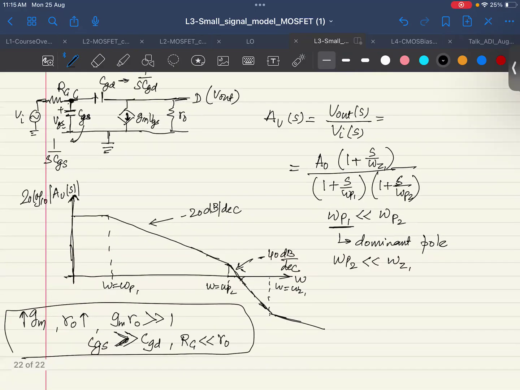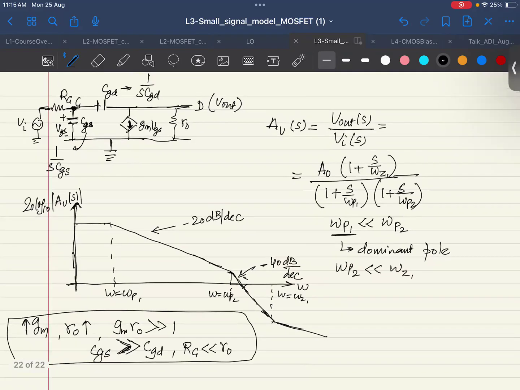Okay, so do solve this network, because then only you will be able to understand, and for yourself, you would be able to look at the poles and zeros of this common source stage which we have looked at.